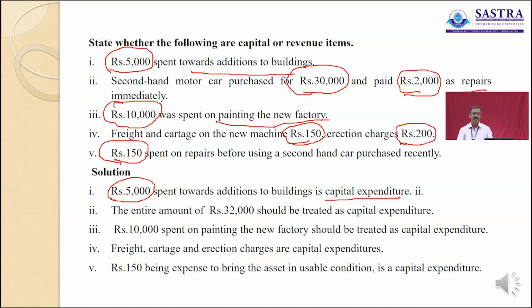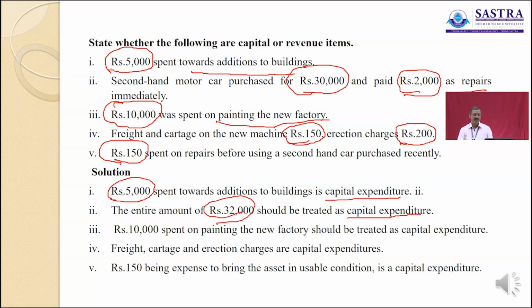The second-hand motor car purchased for 30,000 and the repairs paid immediately for 2,000, totally 32,000, should be treated as capital expenditure, as it is going to be operated in business and put in use for more than one accounting period or for long term.